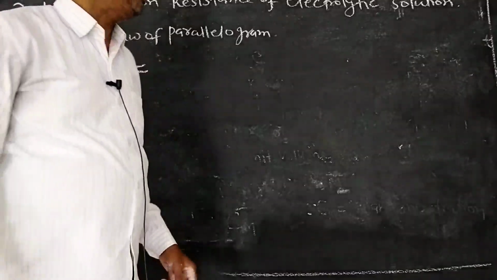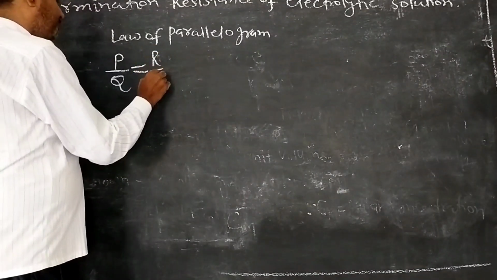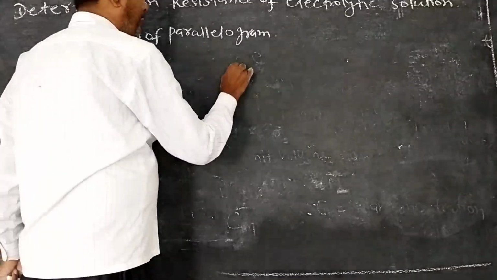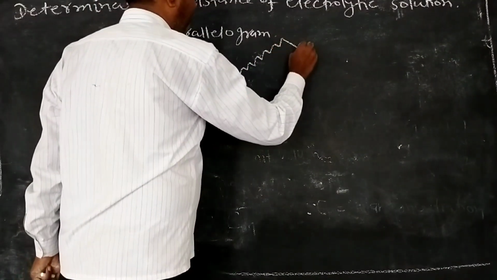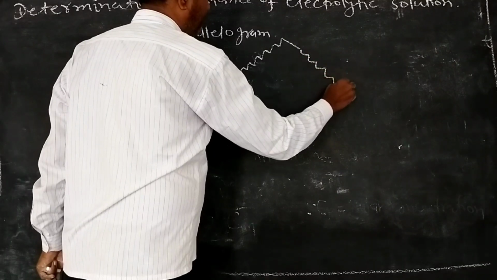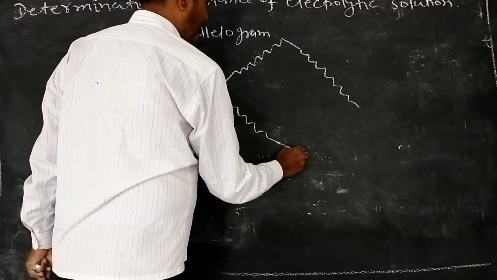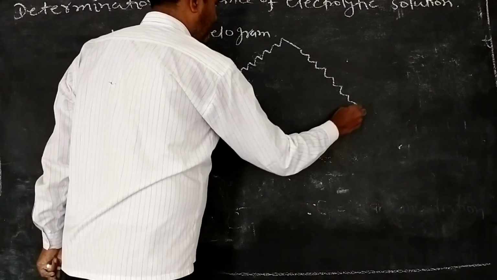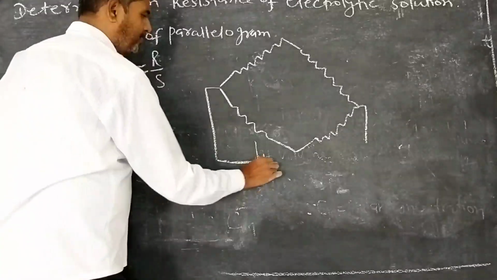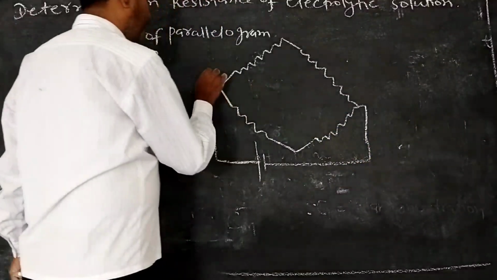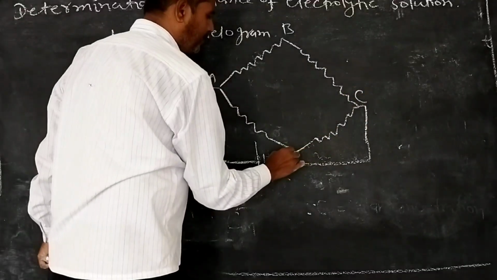Thus P upon Q is equal to R by S. A, B, C, D.